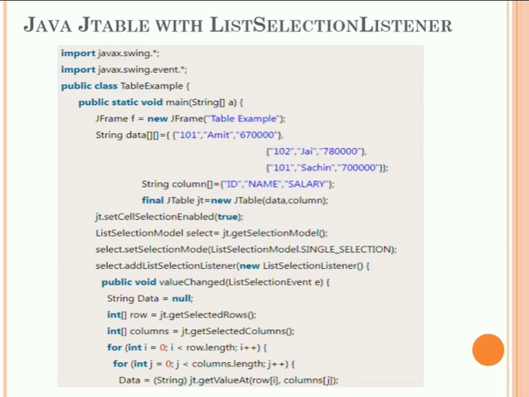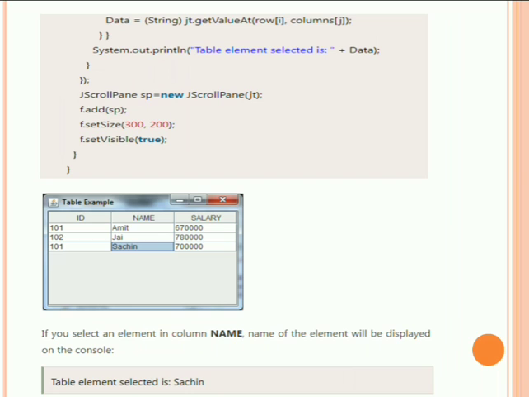for int j is equal to 0, j is less than columns length, j plus plus, data is equal to jt.getValueAt(row i, column j). System.out.println, table elements selected is.